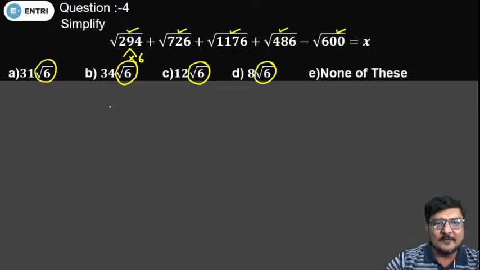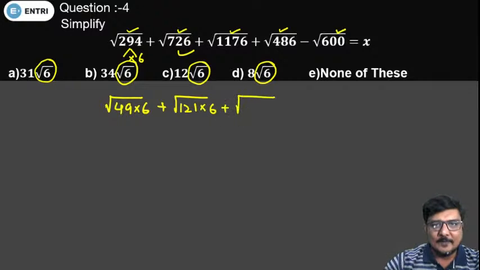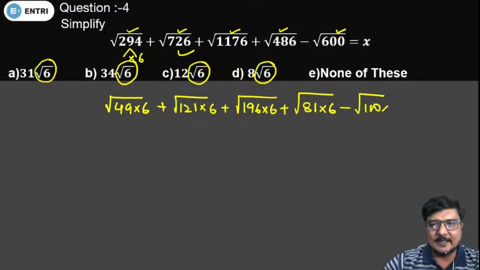When we multiply 49 by 6, we get 294. Likewise, 726 can be written as 121 into 6, 1176 can be written as 196 into 6, 486 can be written as 81 into 6, and likewise 600 can be written as 100 into 6.